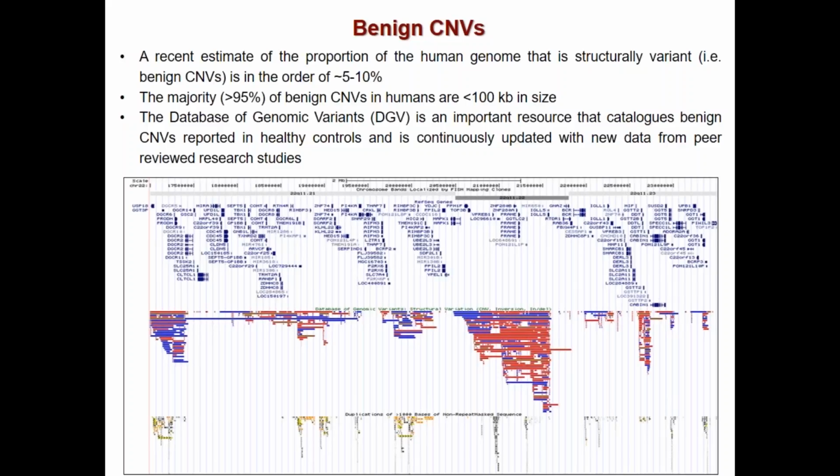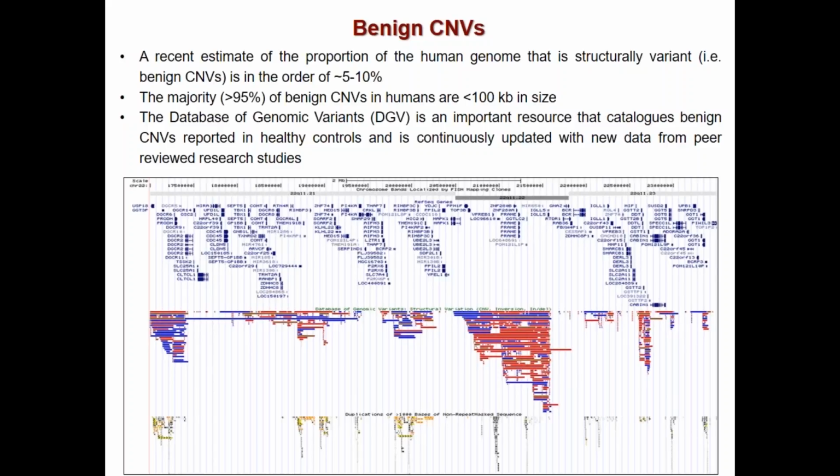And this snapshot from the UCSC Genome Browser, which we will discuss in my second lecture, shows you a track here for the Database of Genomic Variants. So if you're not familiar with the UCSC Genome Browser, have you ever played with it? Any of you?